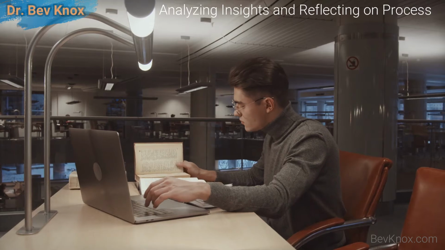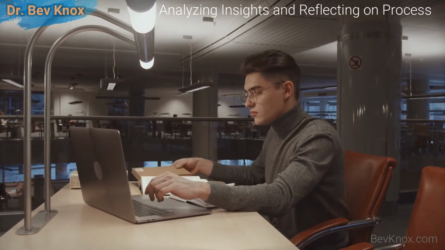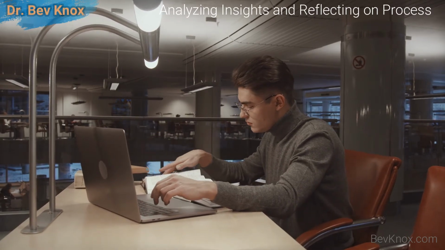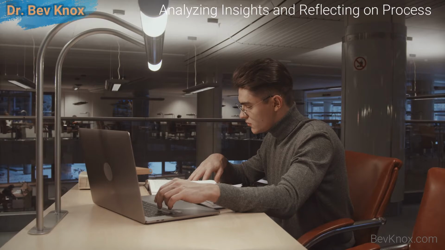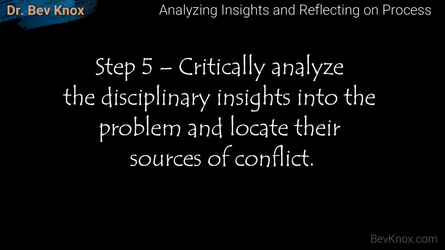points of conflict. In reviewing figure 12.2, the broad model rubrics, step 5 in your text, follow along with me. So again, step 5 is critically analyze the disciplinary insights into the problem and locate their sources of conflict.